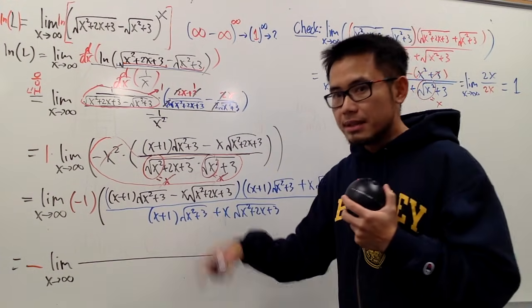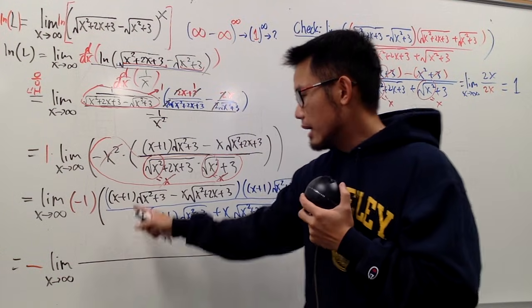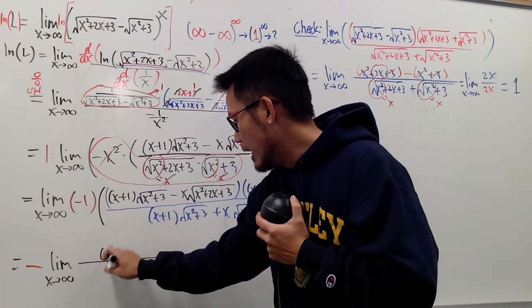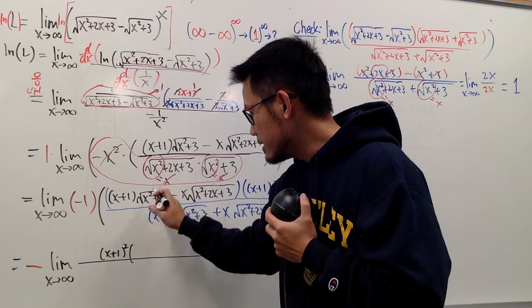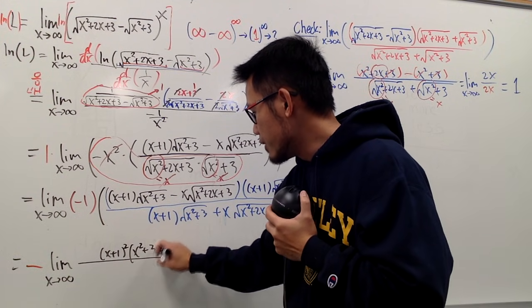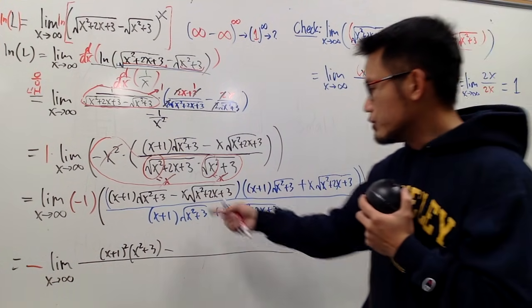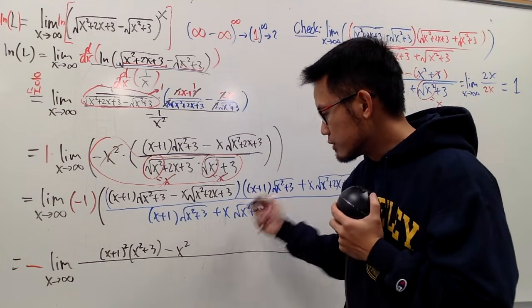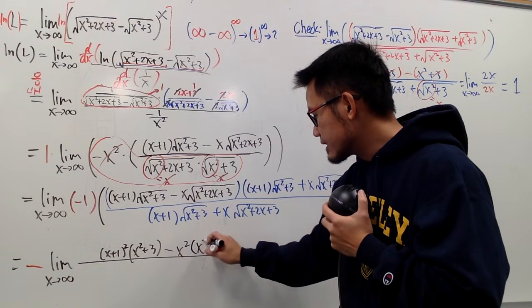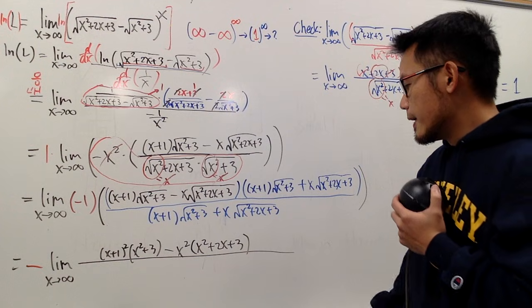So we don't need any absolute value whatsoever. So I will just square the first term. I will end up with x plus 1 squared, and then this thing squared is just a parentheses, x squared plus 3, right? And then I'll minus the second term squared, which is going to be x squared, and then this thing squared, which is going to be just a parentheses, x squared plus 2x plus 3, like this, okay?